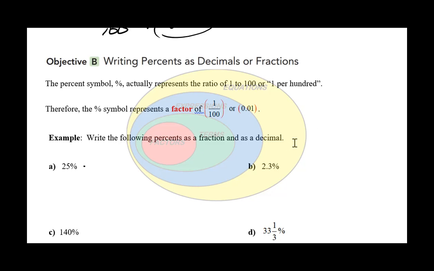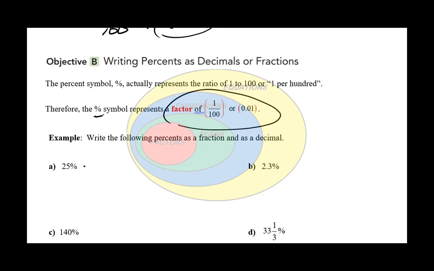So writing percents as decimals or fractions, the easiest way, again, is to just represent that percent as what it is, a per 100. So this factor of 1 over 100 actually represents the percent symbol itself.